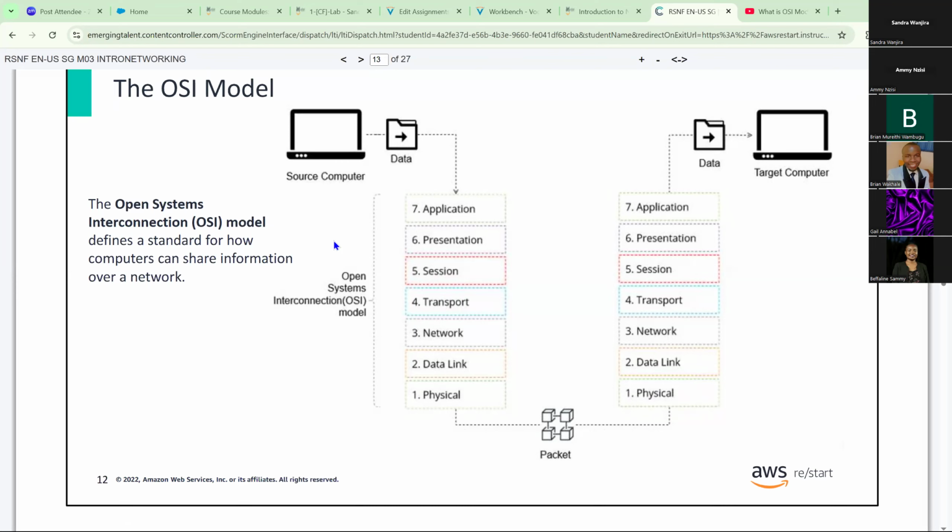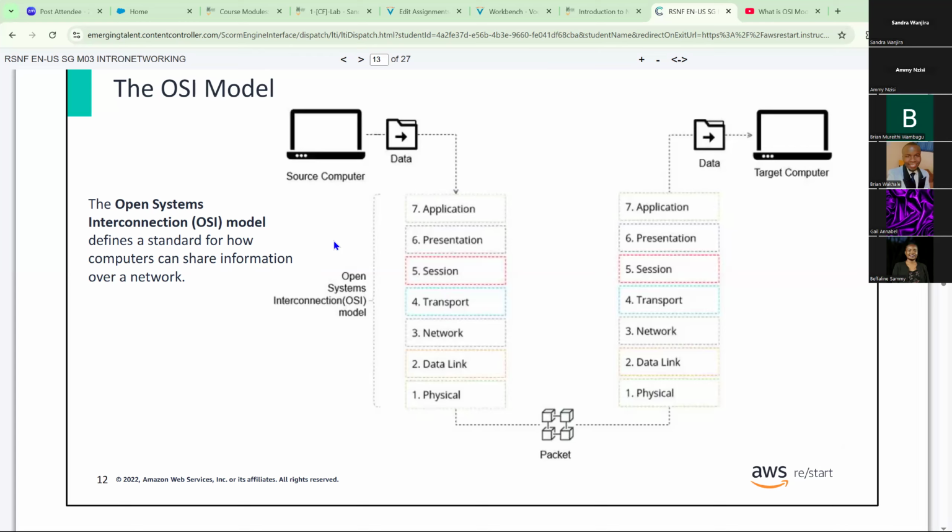As you can see from this illustration, we have physical as our layer 1, data link as layer 2, network as layer 3, transport as layer 4, session as layer 5, presentation as layer 6, and at layer 7, we have application.